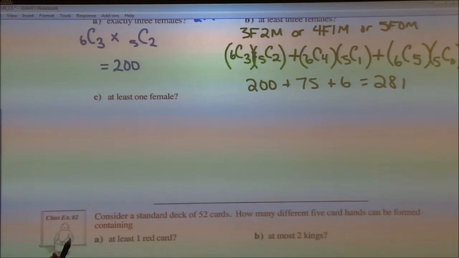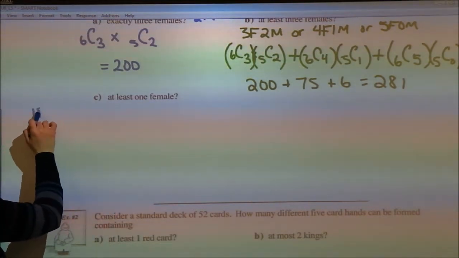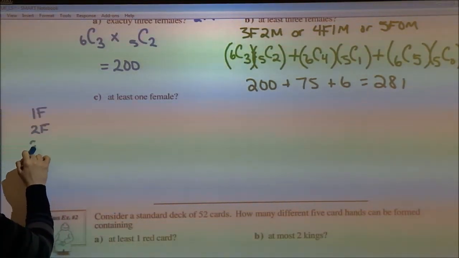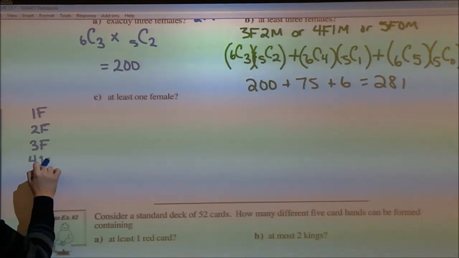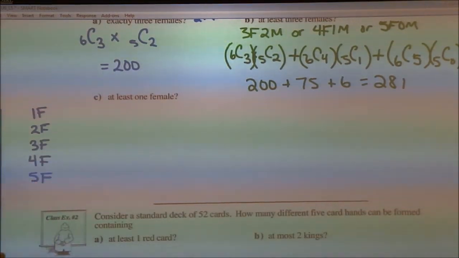So at least 1 female means that I can have 1 female, or 2, or 3, or 4, or 5. What's the only condition I haven't thought of? At the very top. What am I missing? 0 females. So it's the only committee, really, that I haven't considered.